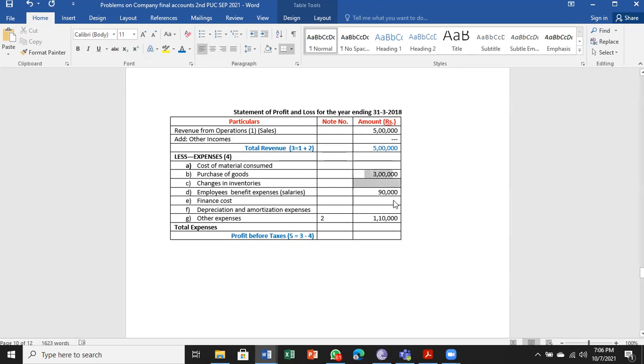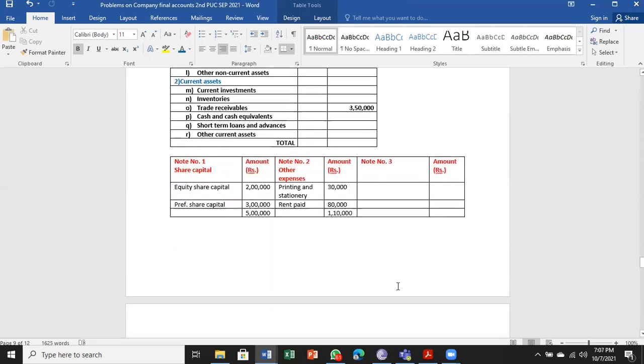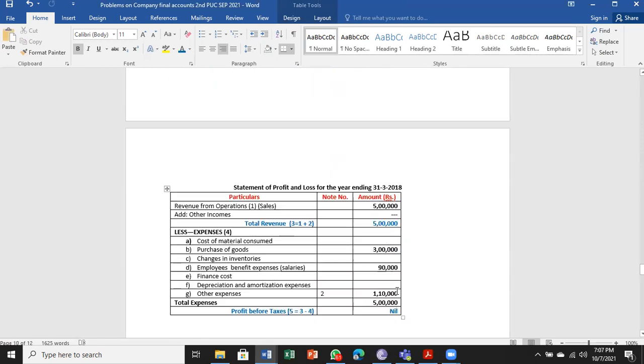Next, add all these 3 lakhs, 90,000 and so on, so 5 lakhs total expenses. So here you find 5 lakhs, total income, 5 lakhs in the expense. So this becomes nil. Profit before tax is nil. So nothing to carry to the balance sheet.